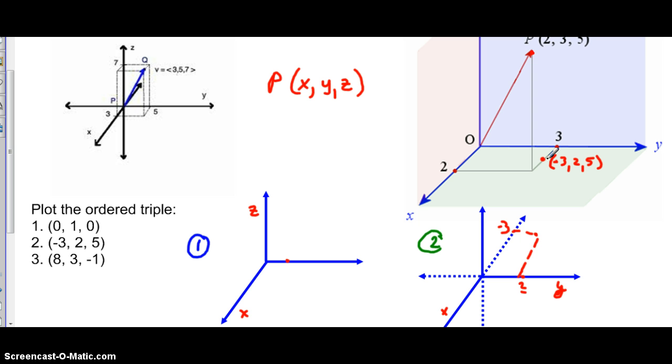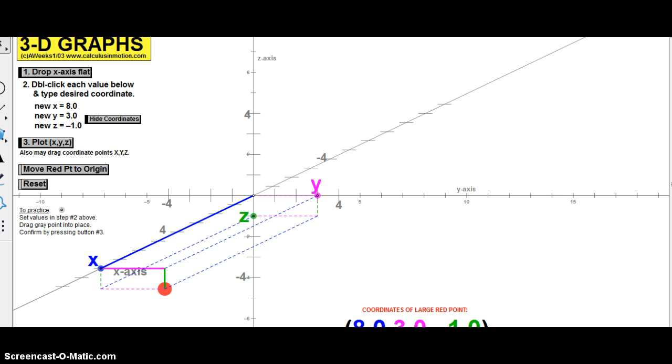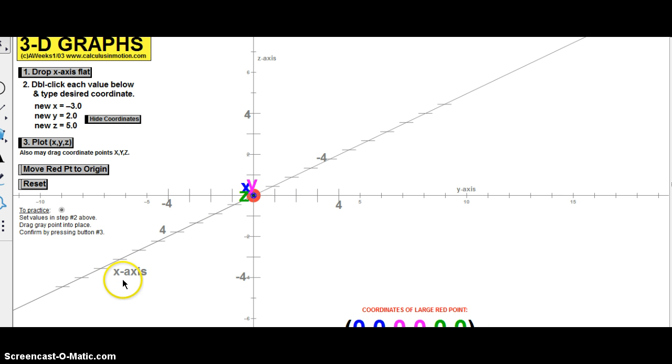Okay, let's see how this works in the sketch pad so you can get an idea of how the points work. Again, our x-axis is here, our y-axis is here, and then our z is up the page. All I did was plot our points in here, -3 for x, 2 for y, and 5 for z.